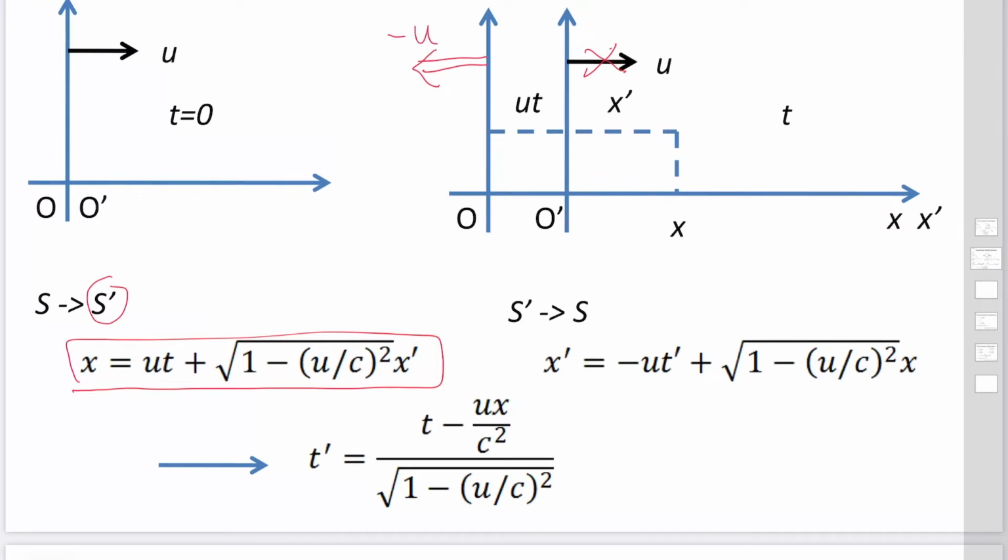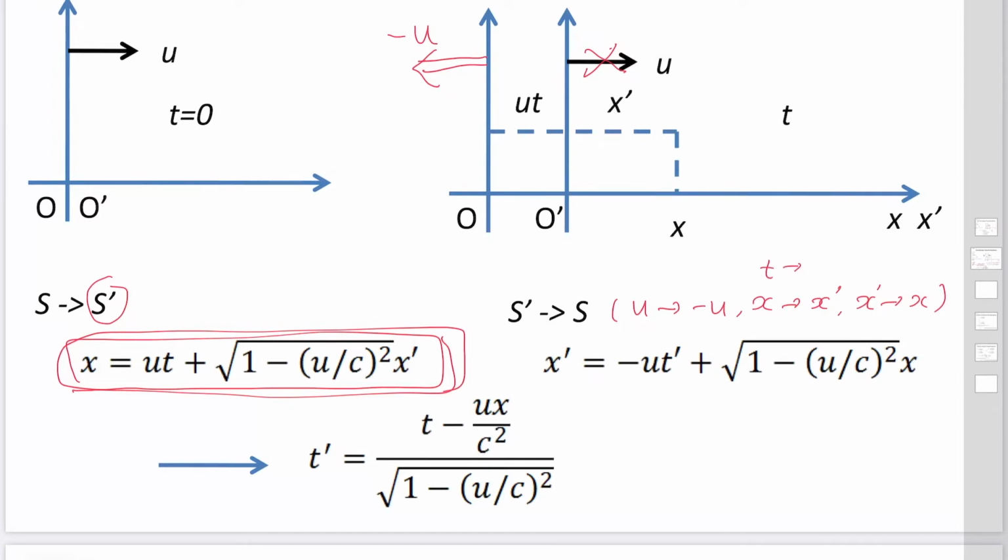Then we could write down the S frame's coordinates using the values of the S prime frame. We have to use this equation, but we have to change: u becomes minus u, x becomes x prime, and x prime becomes x. So x becomes x prime, u is minus u, and t becomes t prime.